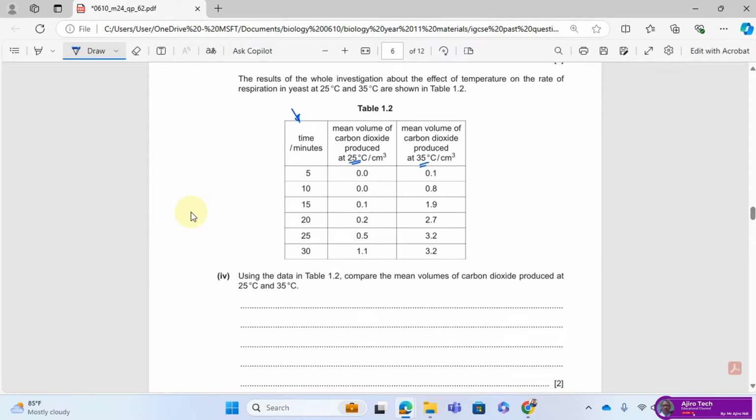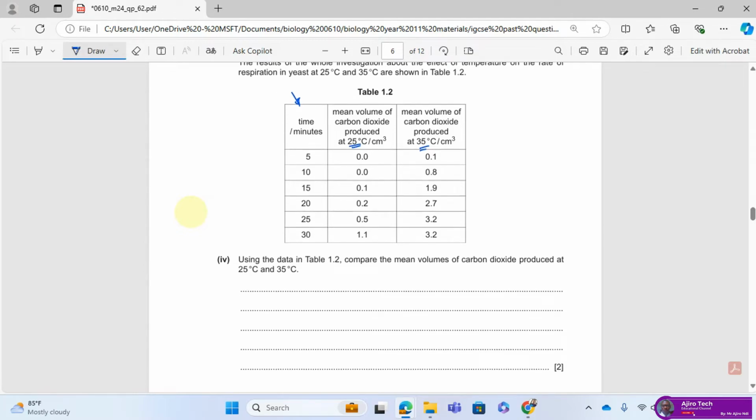So we measured the mean volume of carbon dioxide produced as time was changing. Now what can we do? We are comparing. The question is 2 marks, so with 2 points we are good to go. So you don't need to take all the time comparing or wasting more time on a particular question. Look at the question and give 2 points.